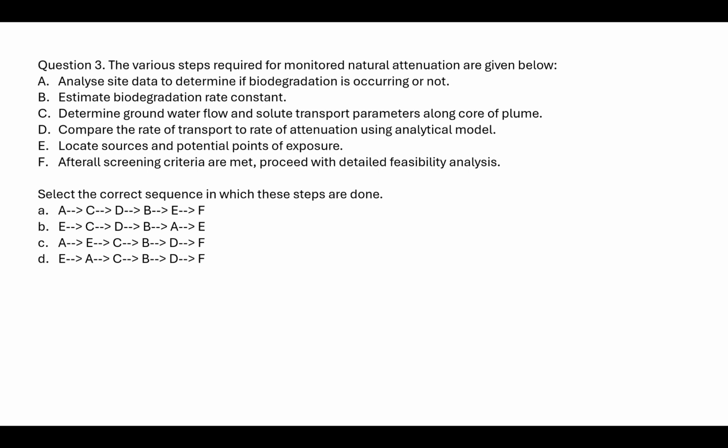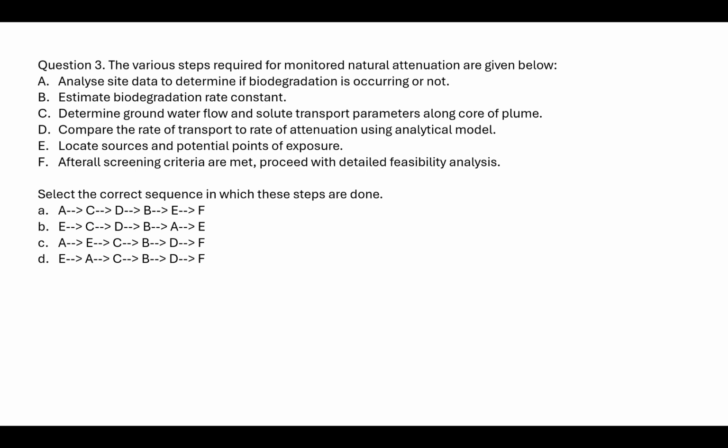So C is the correct option, D is not the correct option. So the first step is analyze the site data to determine if biodegradation is occurring or not. And then we locate sources and potential point of exposure. And then the next step is determination of groundwater flow and solute transport parameters along core of plume.